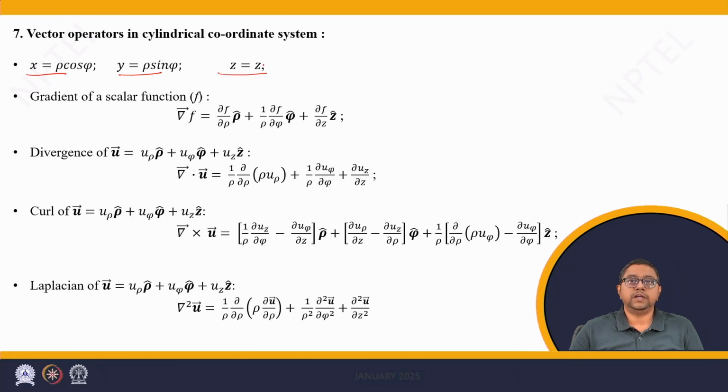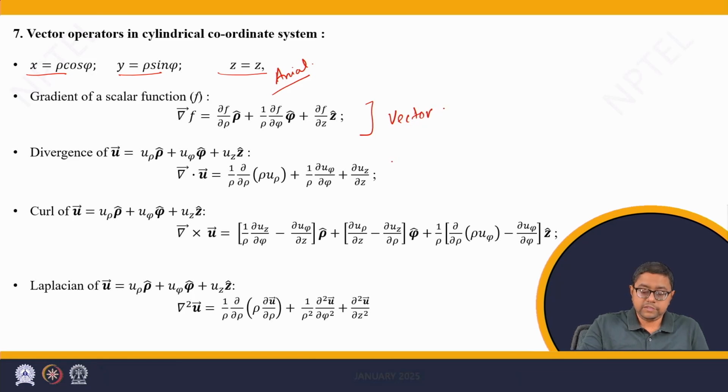As we have seen in the previous slide, the relation between Cartesian and cylindrical coordinates is given. The axial direction is identical to Cartesian system. The gradient of a scalar function is given as this expression, which becomes a vector quantity.